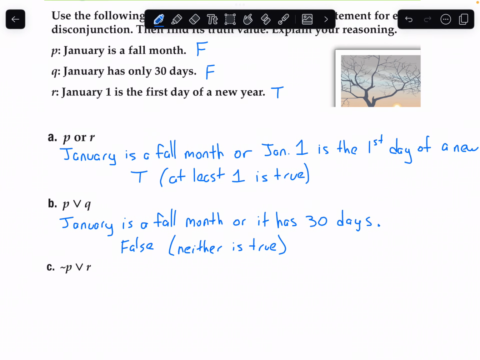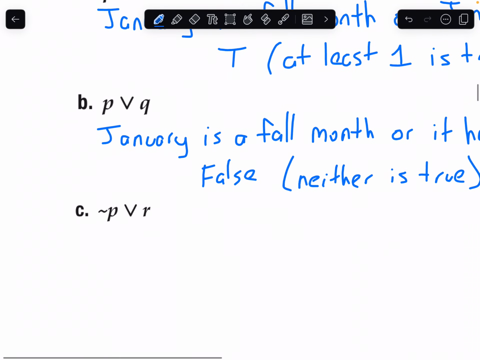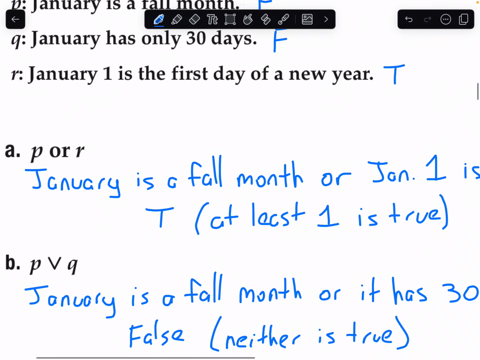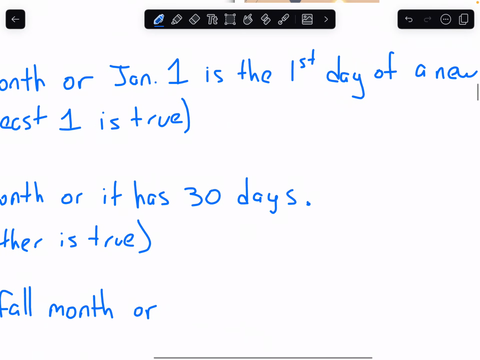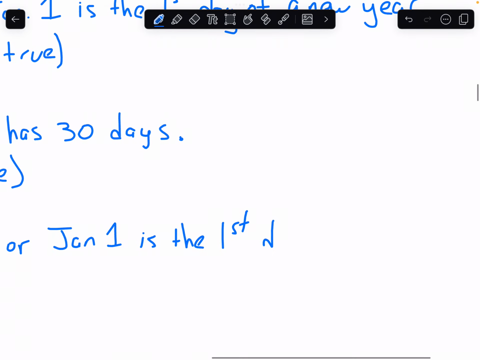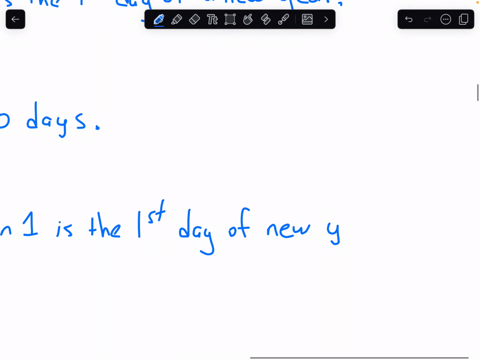And then we have not P or R. Not P, January is not a fall month, or R, January 1 is the first day of the new year.